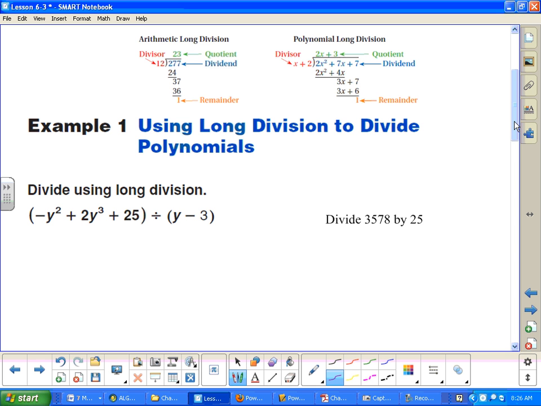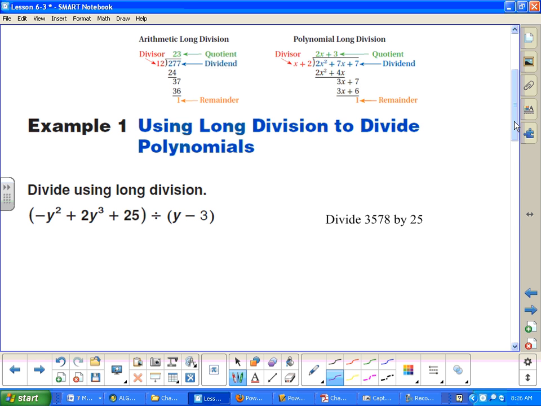And what we're dividing is going to be the dividend. That's going to go on the inside. But when we put it on the inside, there are two things you have to be aware of. One is it has to be in standard form. And number two, if there's ever any missing terms, you have to replace those with a 0.